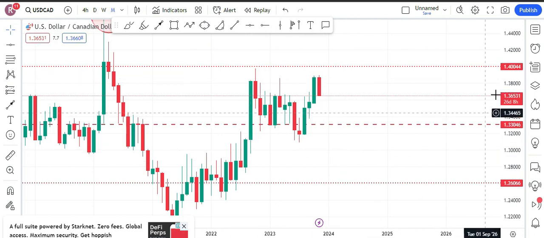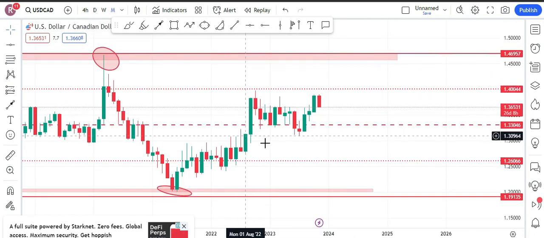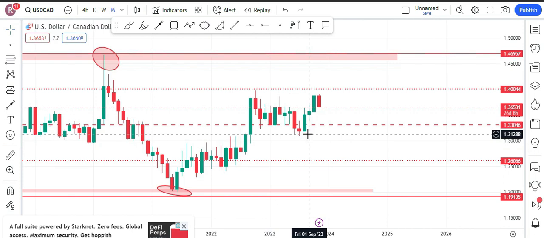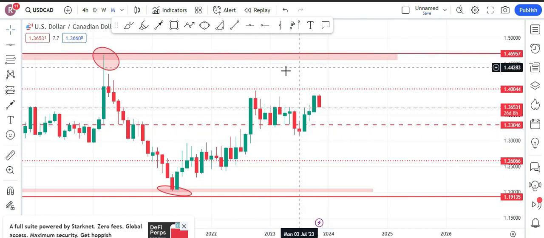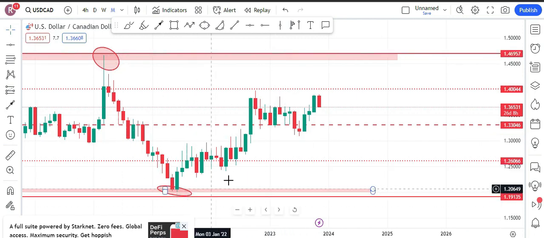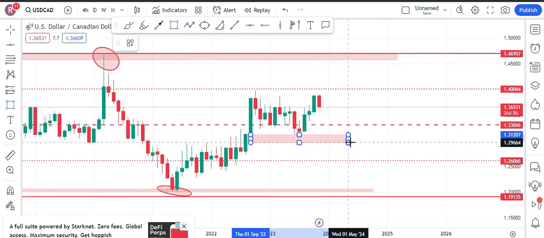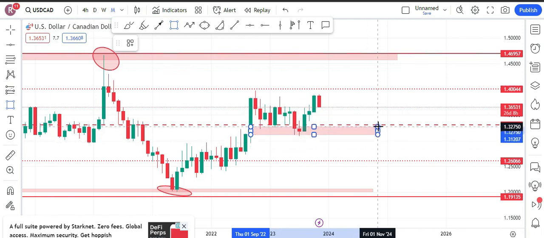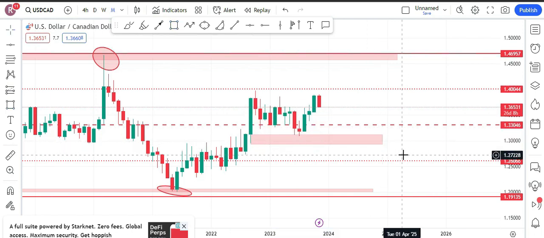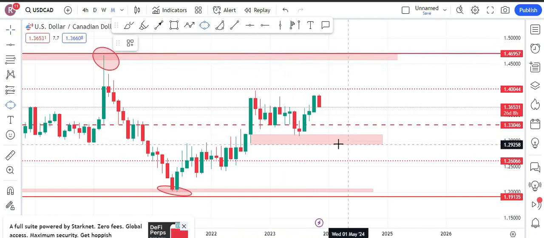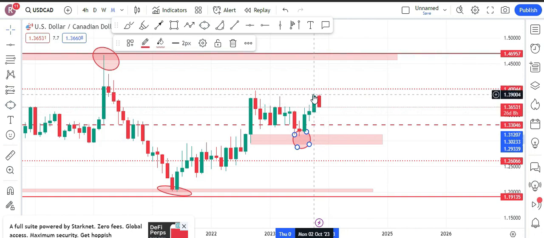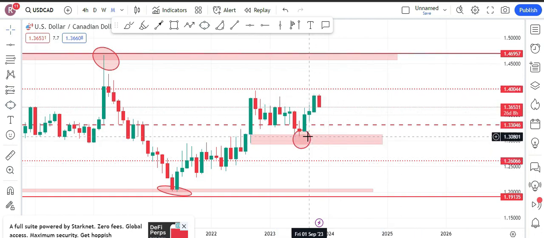So narrowing down a little now, we don't see anything here in month, but this is within the range. However, if we make this candle, then we can see a double bottom has been created here, and this double bottom has created this top so far.